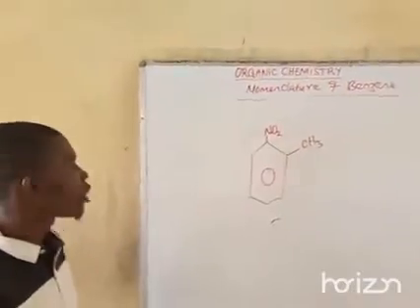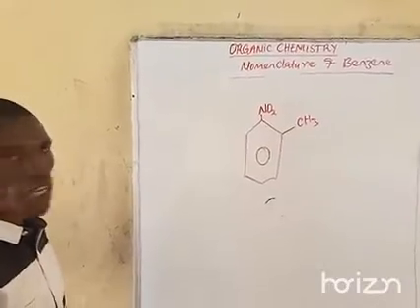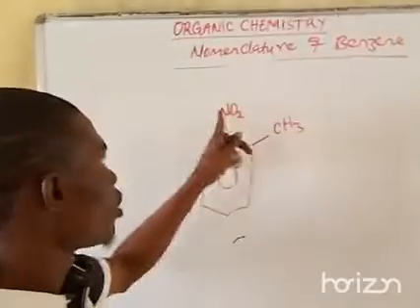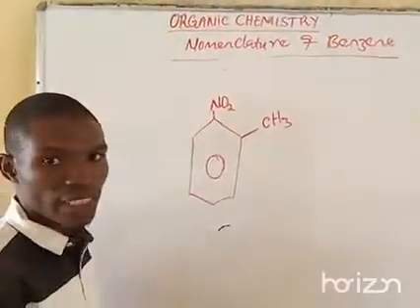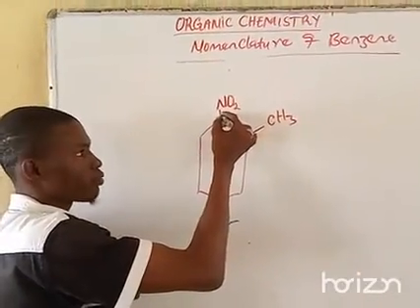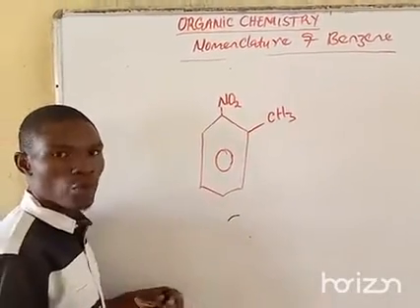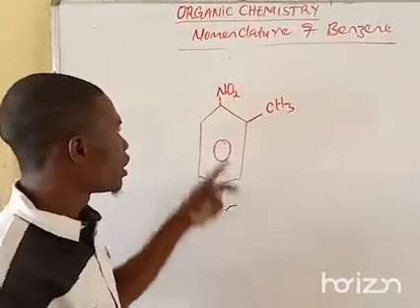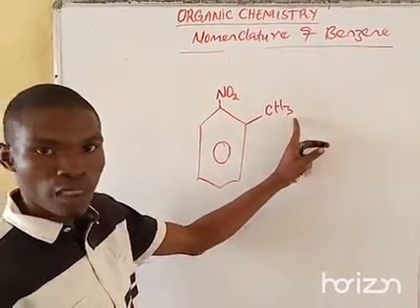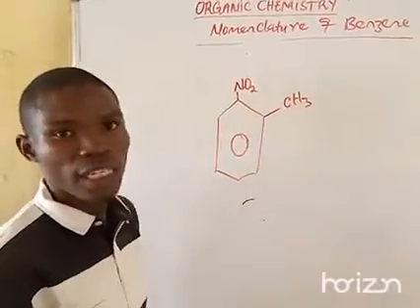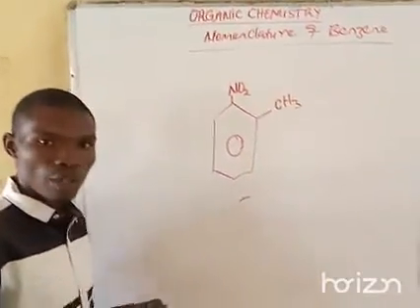Now our problem is where do we start counting from. It's either we start counting from here 1, 2, or we start counting from here 1, 2. So the problem is who is going to carry the parent name. Is it the methyl group to be called toluene, or is it the nitro group to be called nitrobenzene? This is where we are going to face a problem.